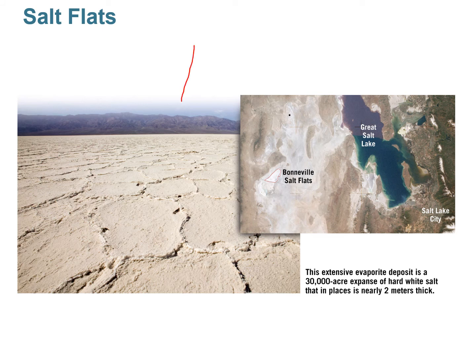One environment like this is the Bonneville Salt Flats in Utah. Okay, this area is almost 30,000 square kilometers with salt that is about 2 meters thick, hard white salt. Okay, this is where they do a lot of the land speed records.